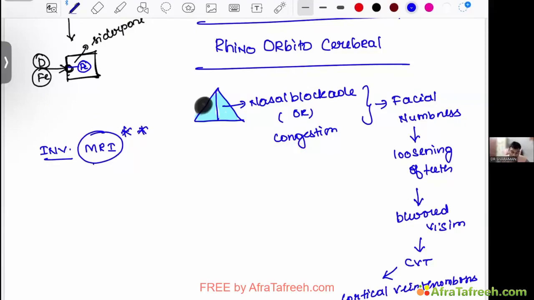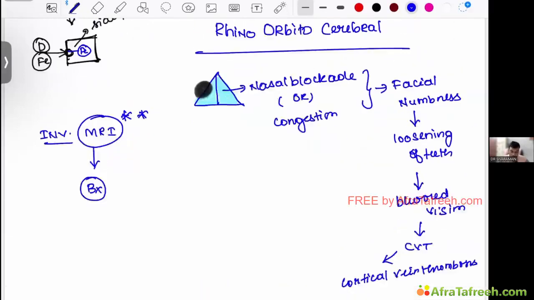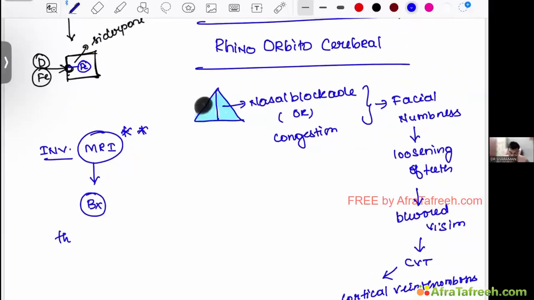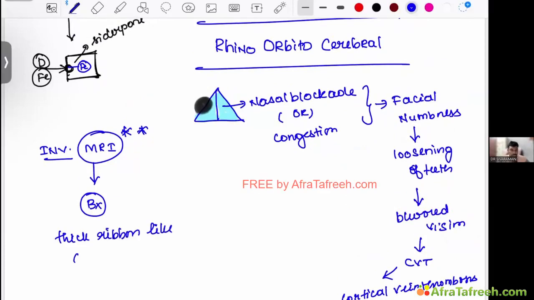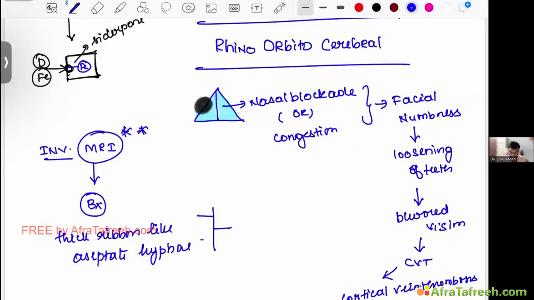Then you can go for biopsy. Biopsy will show thick, ribbon-like aseptate hyphae, and the important thing is they branch at right angles.